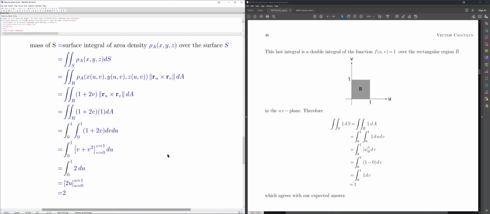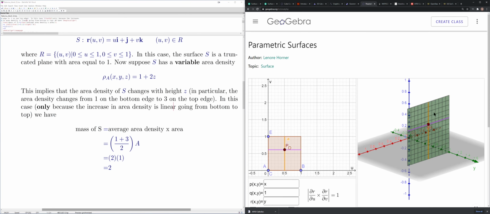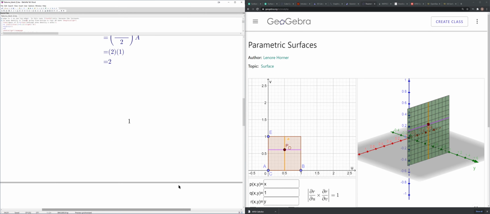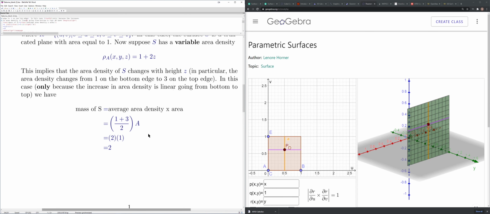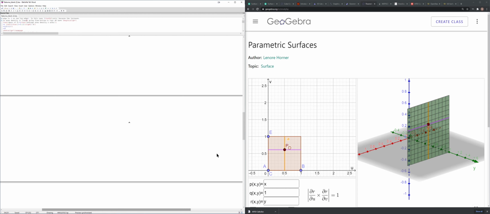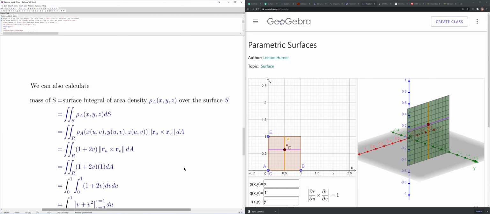Okay, so the mass of S for this variable area density, I can get by working out a surface integral over S. So to get the mass of this metal plate, when I have variable area density 1 plus 2z, where the area density is varying along this surface S, I can work it out via a surface integral of the area density over the surface S. When I integrate that area density over my parametric surface S by pulling back everything onto this region R, I end up getting 2.